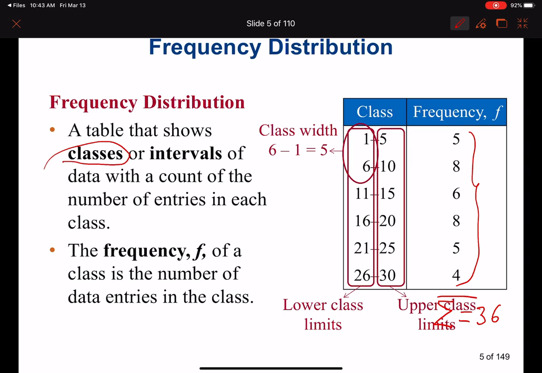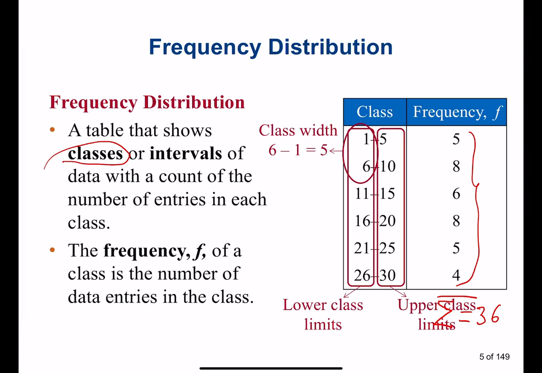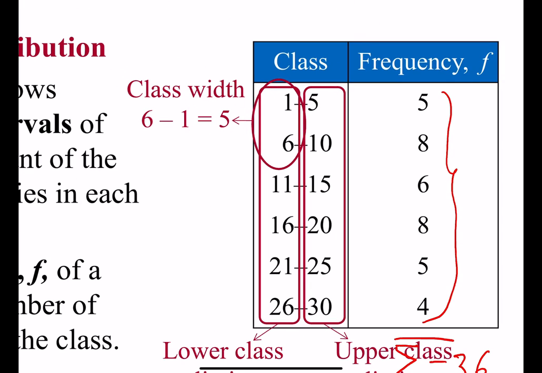Now, class width: how are we going to calculate class width? Obviously, you would jump and do 5 minus 1. No. Class width is identified between two lower limits of the classes: 6 minus 1, 11 minus 6, 16 minus 11, so the class width is going to be 5.